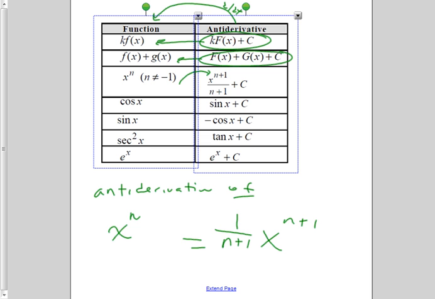And the 1 over n plus 1 is so that when this does drop down, it would cancel out to be a coefficient of 1. So the rest of these, I suggest you put these in your notes, and as you work with these further, you'll really start seeing how connected they are. I mean, it's really just doing the derivative backwards.